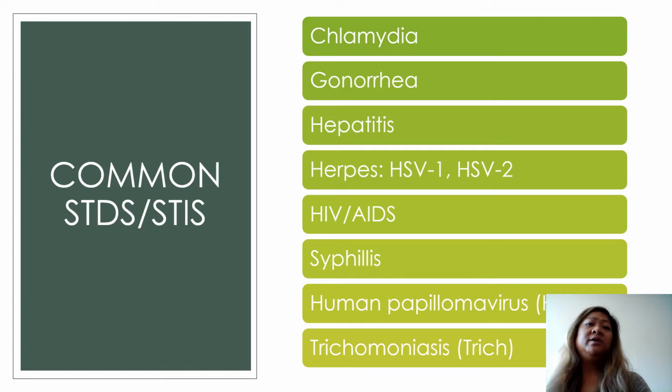Trichomoniasis, also known as trich, is caused by a protozoan parasite called Trichomonas vaginalis. It most commonly affects women more than men. Most people don't show any signs of infection. There were about 2 million infected in the United States in 2018, but only 30% of those showed symptoms.